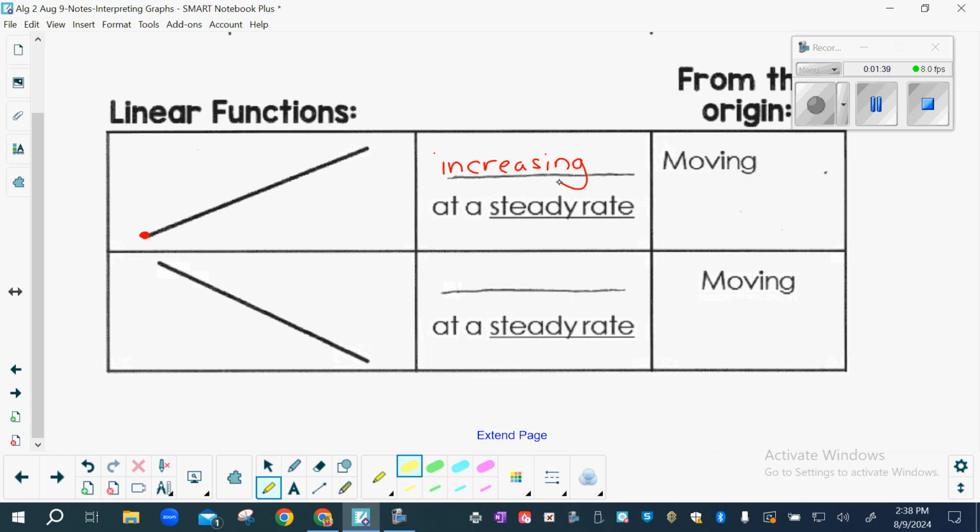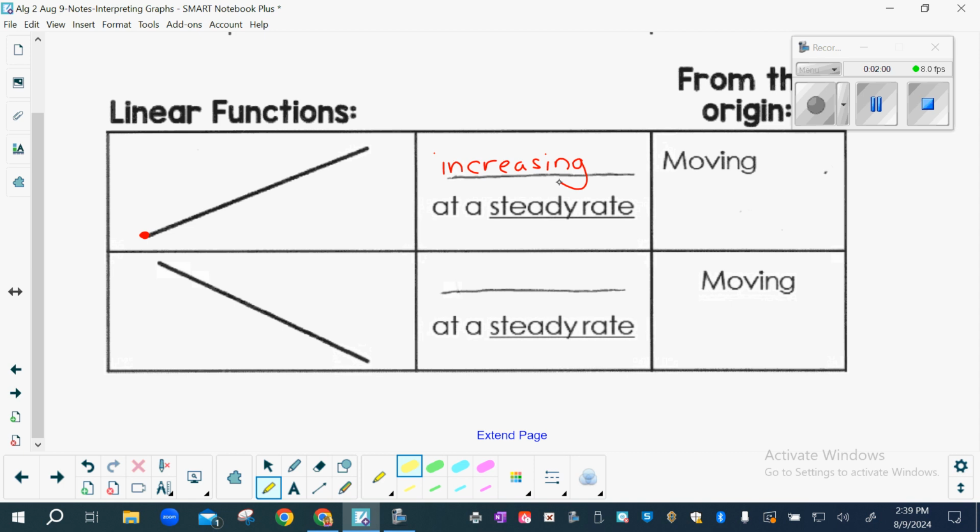And so what about that shape tells us that it's a steady rate? That's right. It's not a curve. It's a line. So because it's a line, that means it's a steady rate. It's happening at exactly the same speed as we go along there.